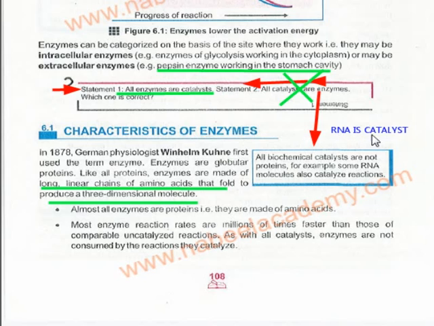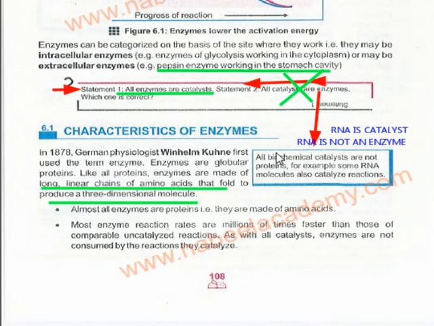RNA is a catalyst, but RNA is not an enzyme. Understand? All the enzymes are catalysts, but not all catalysts are enzymes.